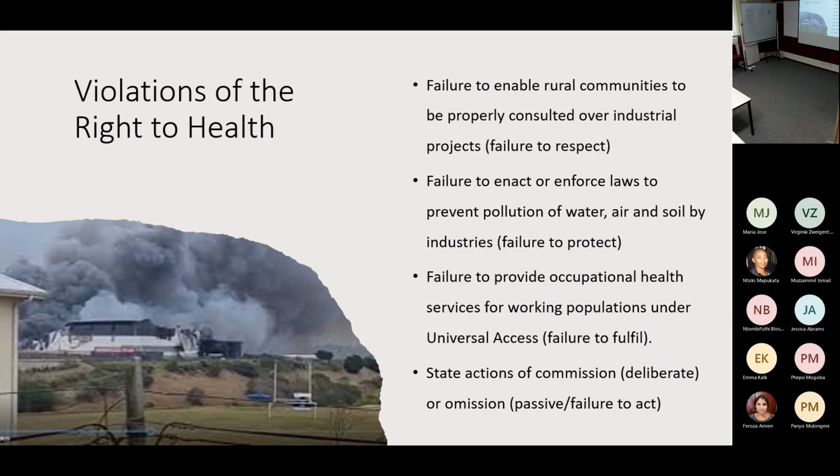And the failure to provide occupational health services for the working population and universal access is the failure to fulfill. And then there are state actions of commission, that is deliberate, or omission, passive failure to act. That is when we say the state parties, the government, are violating the right to health.